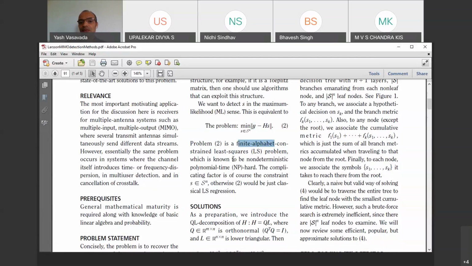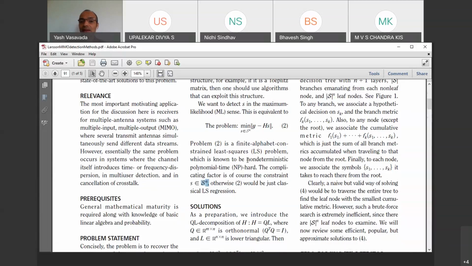And so if we want to do this least squares solution with this finite alphabet constraint, then we run into this NP-hard computational difficulty, which is what we just talked about: as s becomes a bigger and bigger vector, the number of possible vectors that we have to consider in this distance minimization becomes exponential.